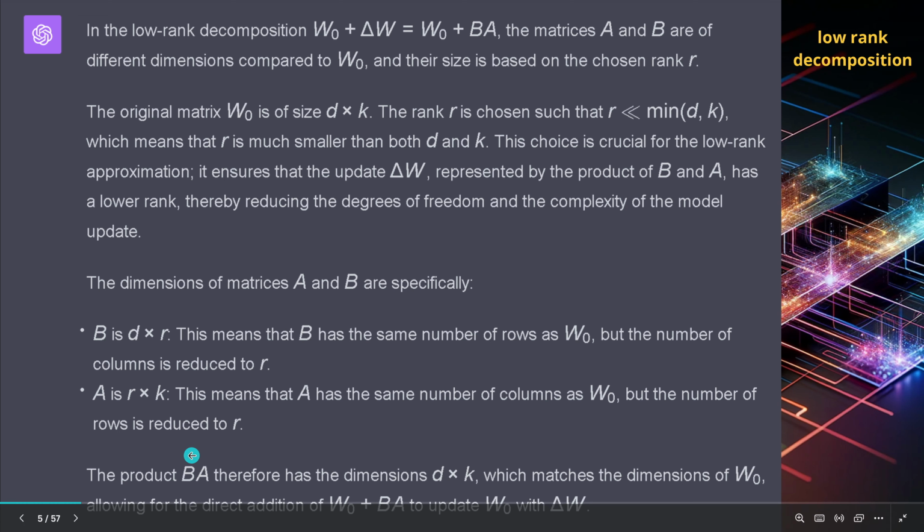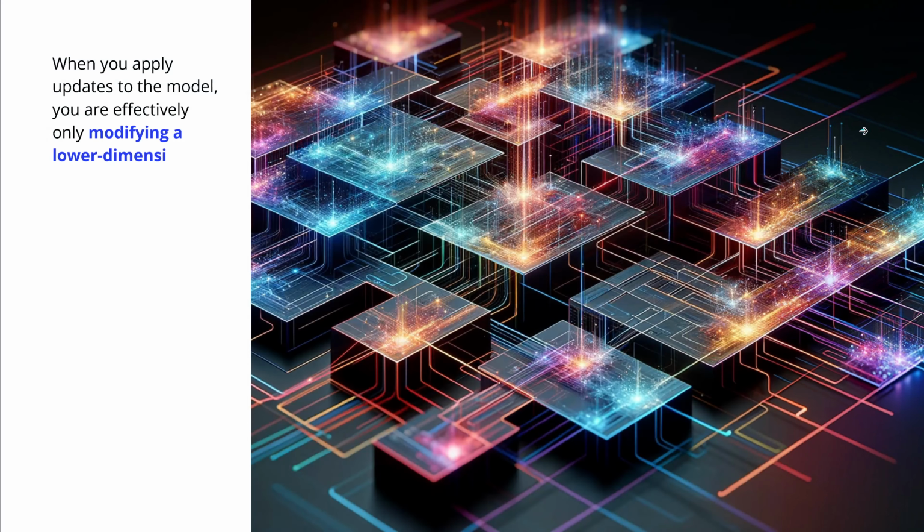So the product B times A therefore has the dimension D times K, which matches the exact dimension of our original weight tensor. This is the main idea: we have low rank adaptation matrices that perform the mathematical operation for us in a low dimensional subspace.